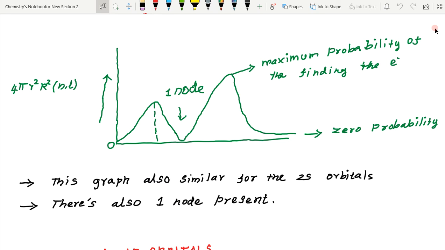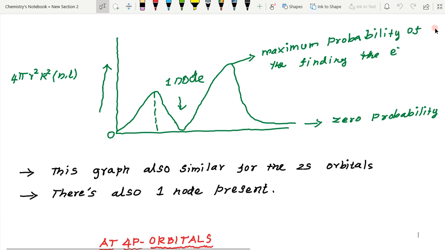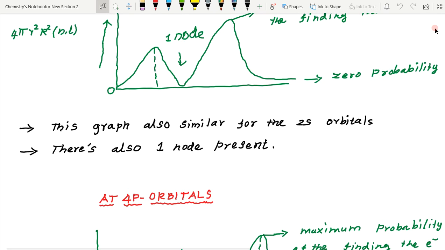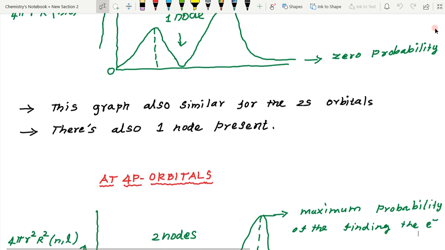There is one node present. In this graph it is similar to the 2s orbitals, which has no node. There is also one node present.